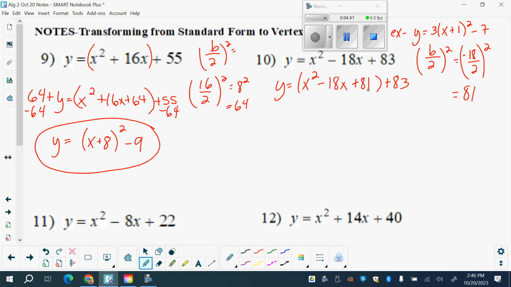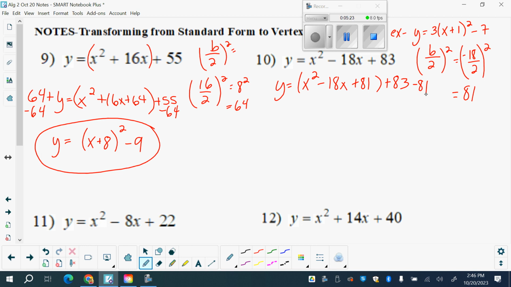Is there something I could do with just one step rather than adding 81 to both sides, adding 81 over here, and then subtracting it? Could I just subtract 81 over here? So I add 81 here, and on the same side, I could subtract 81. If you like adding 81 there and then subtracting it, that's fine. I don't care which way you do that. I just did it as one step.